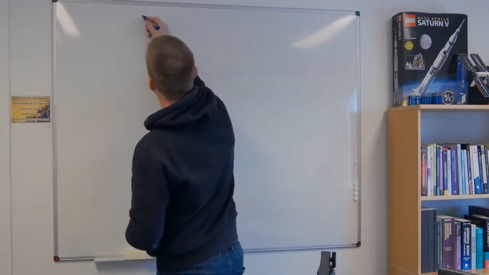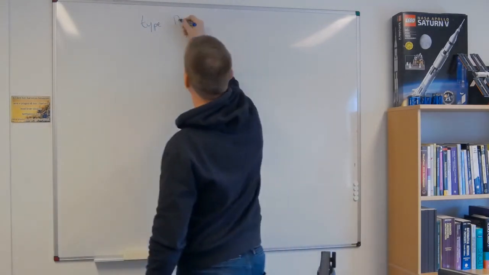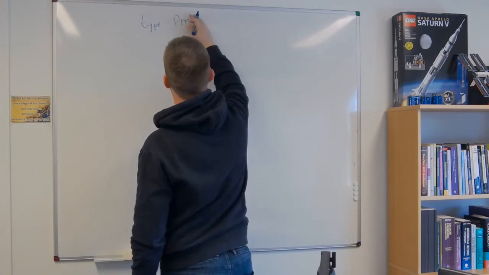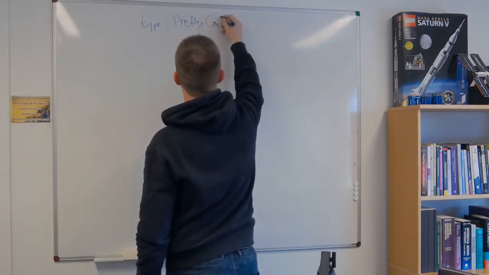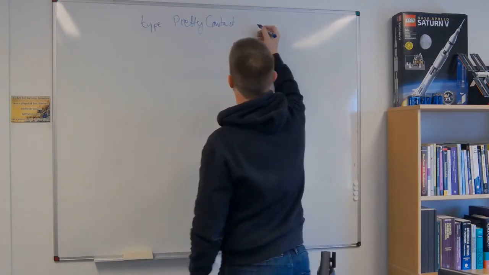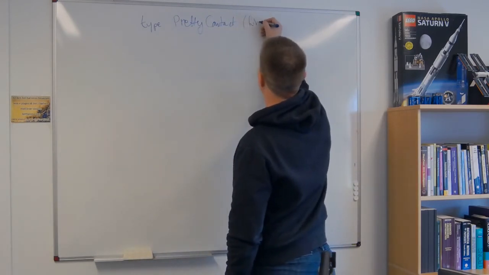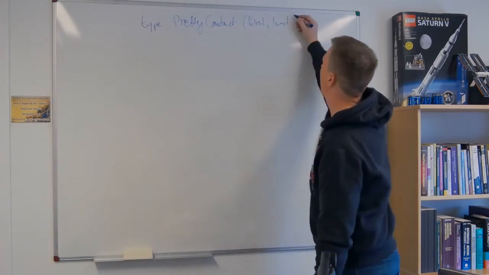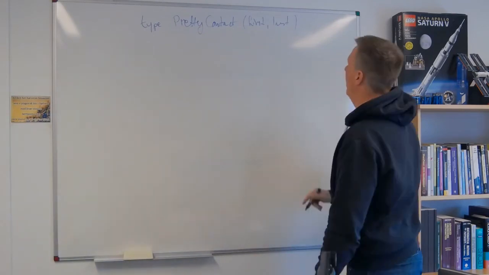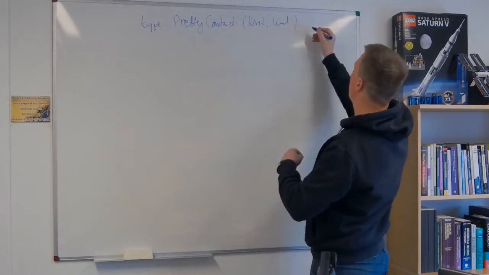So I'm going to create a new type, a new class. I'm going to call it PrettyContact. And I give it first, last, and this one I don't care about. I don't have any contact information for the PrettyContact. Just first name or last name. Right.